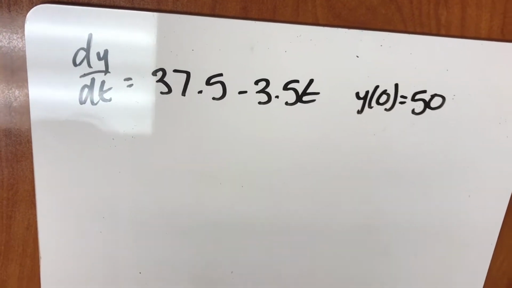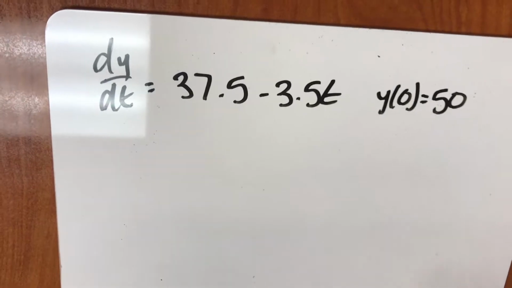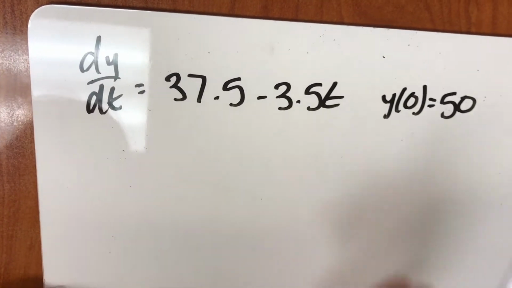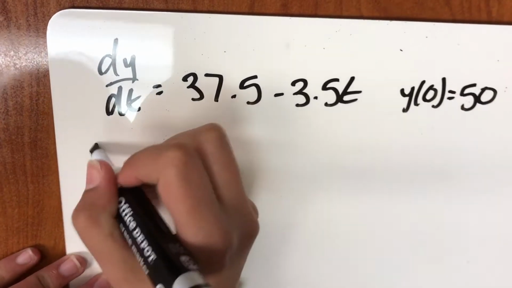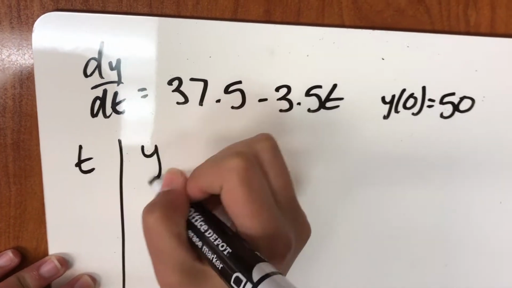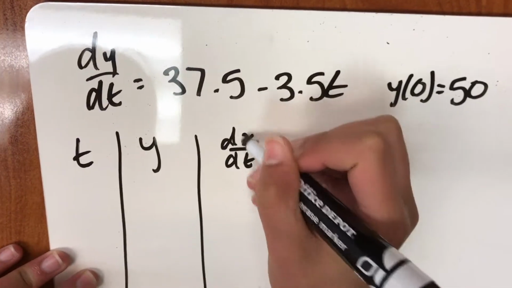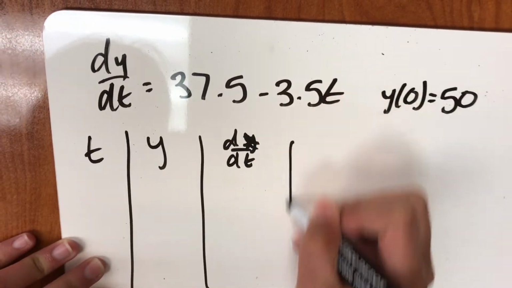The initial condition provides a point at which the particular solution of the differential equation exists. First, we're going to construct a table with t in the first column, then y, then dy/dt, and then change in y is equal to change in t times dy/dt.